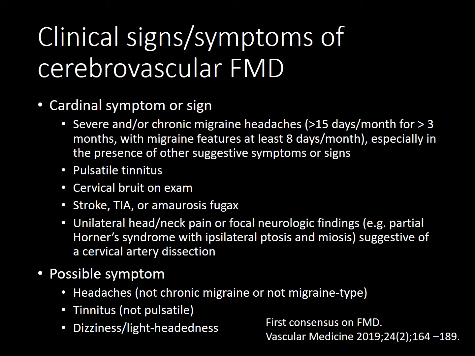The cardinal symptom or sign is severe and/or chronic migraine headache, and you see here the description of chronic migraine: more than 15 days of headache a month for more than 3 months, with migraine features at least 8 days a month, especially in the presence of other suggestive symptoms and signs like pulsatile tinnitus, cervical bruit, and stroke, TIA, or ischemic symptoms of the eyes.